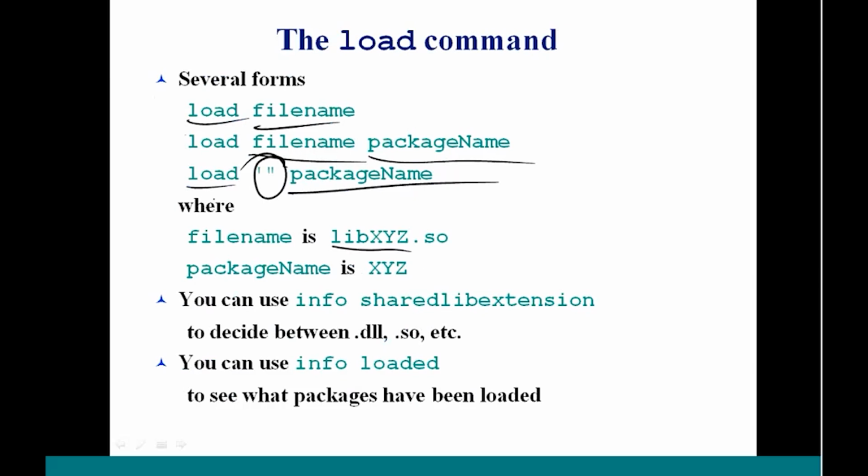The file name is any kind of shared object file, dot so. The package name is just xyz inside that. You can also use info sharedlibextension to decide between DLL, SO, etc. You can also use info loaded to see which packages are loaded in the system.